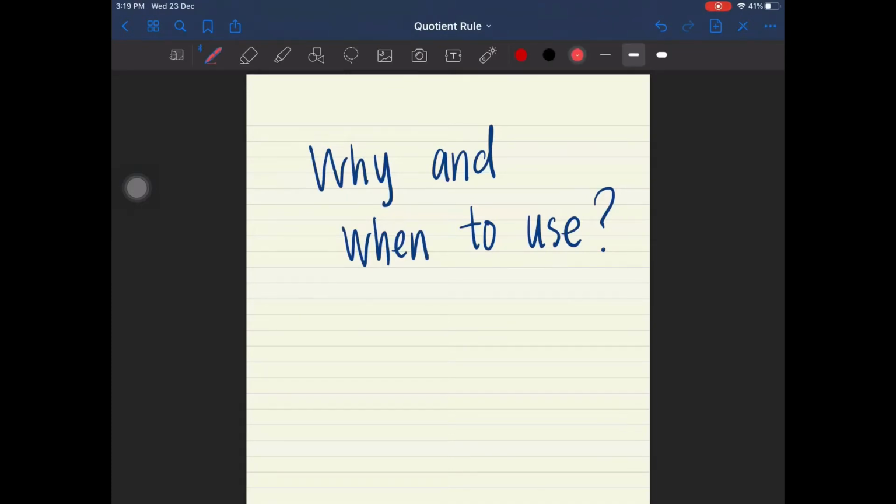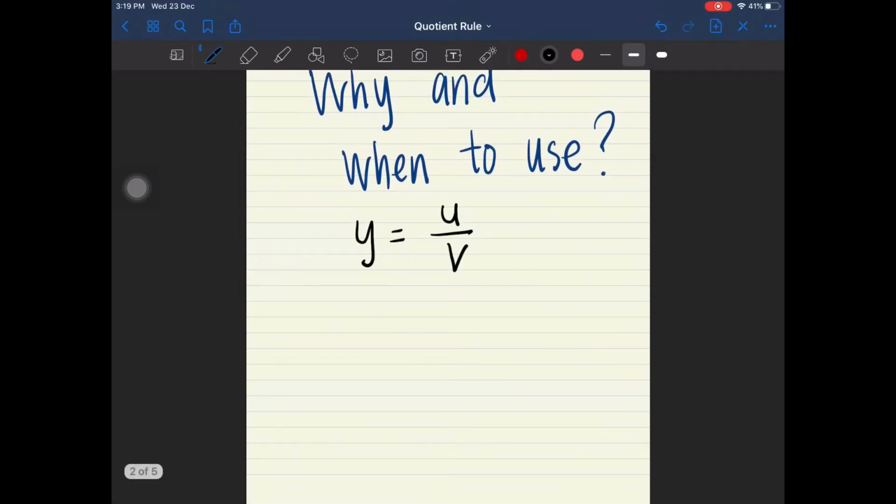When you have your function in terms of y equals u over v. When your function is a fraction.